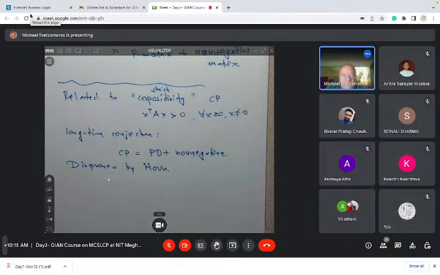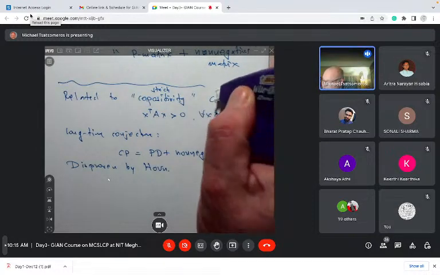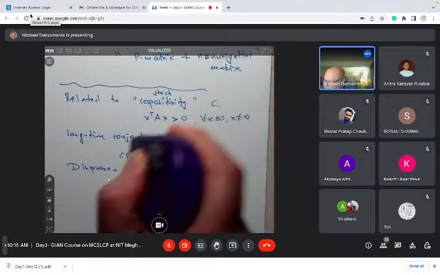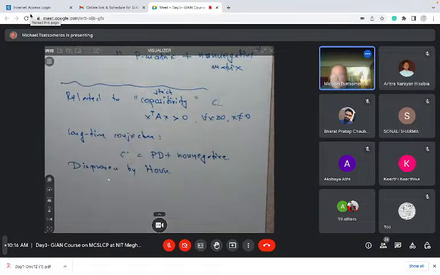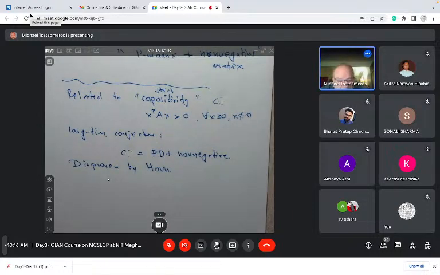Actually, I think we called it just C, not CP. CP was the completely positive, so this is C. So it was proven that a matrix is copositive, strictly copositive, but it's not the sum of a non-negative and a positive definite. It cannot be written as such a sum.